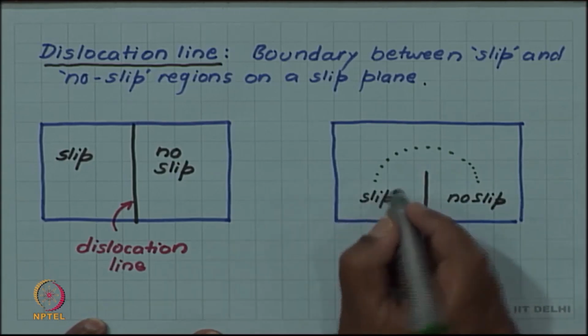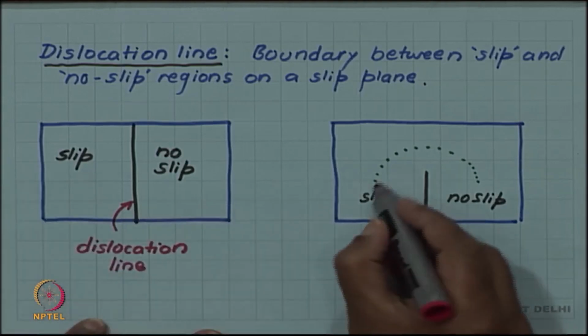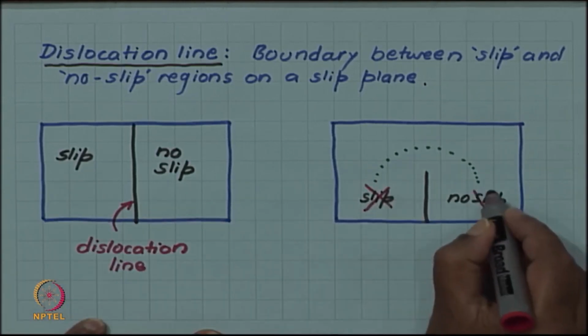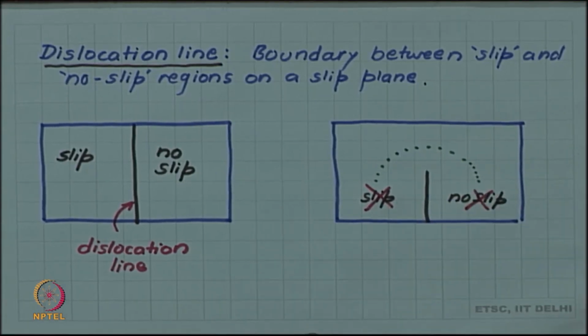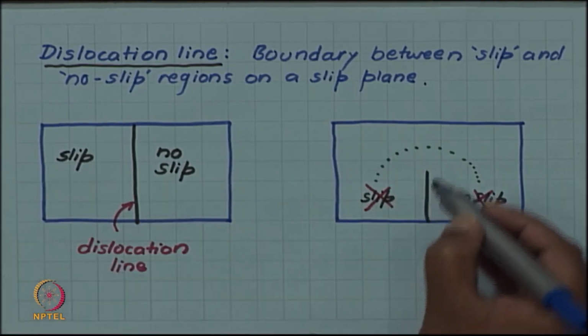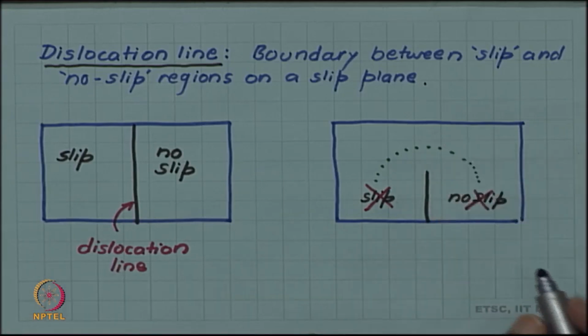So, there will be no different regions on a slip plane if the dislocation line is not continuous from one end of the slip plane to the other. So, this is not a dislocation line.